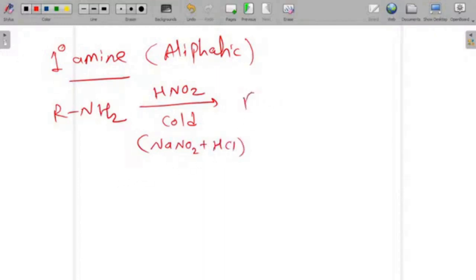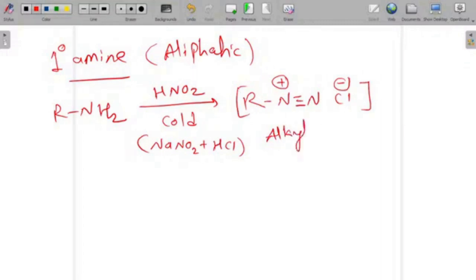This forms RN triple bond N plus, and Cl minus. This is nothing but alkyl diazonium chloride. Understand? But this alkyl diazonium chloride is not stable because it has an alkyl group. I will explain this for aromatic also.